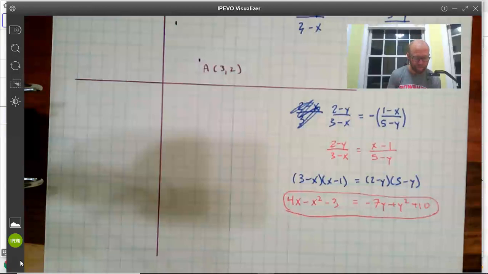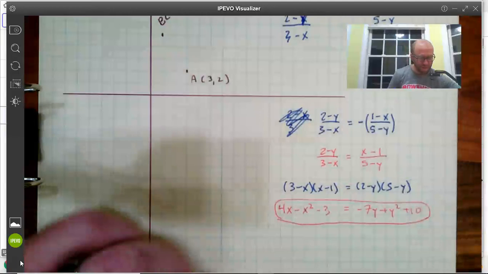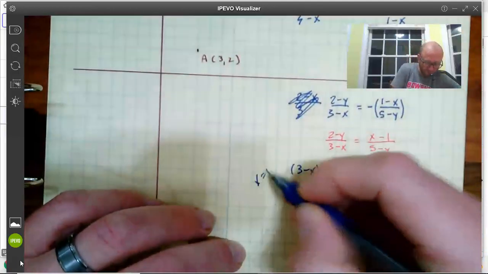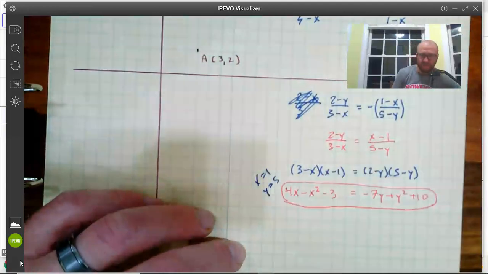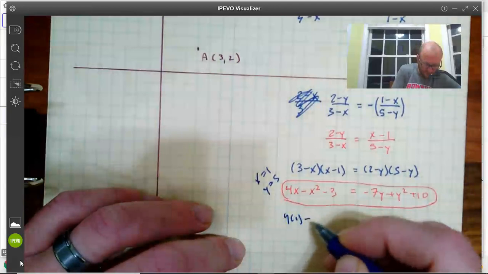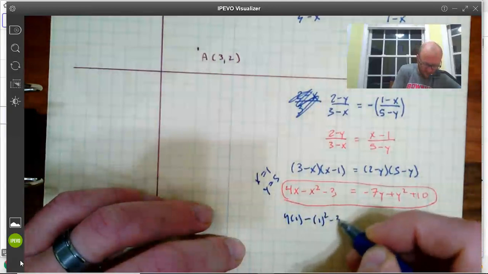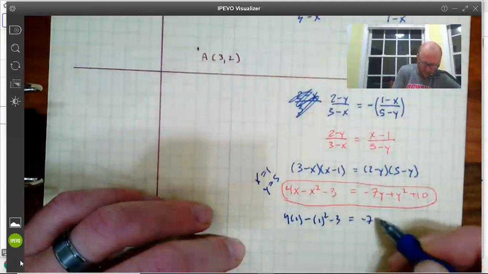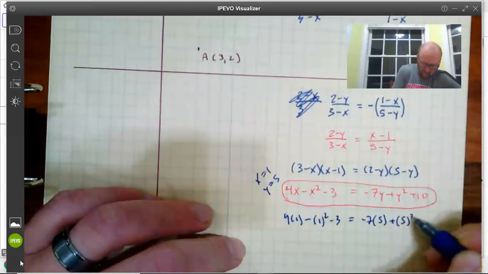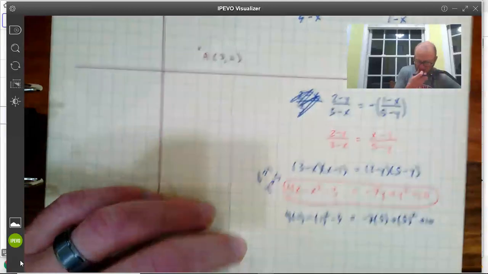At this point, we're going to test that out real quick. I'm going to plug in x equals 1 and y equals 5. So it's 4 times 1 squared minus 3, negative 7 times 5 plus 5 squared plus 10.